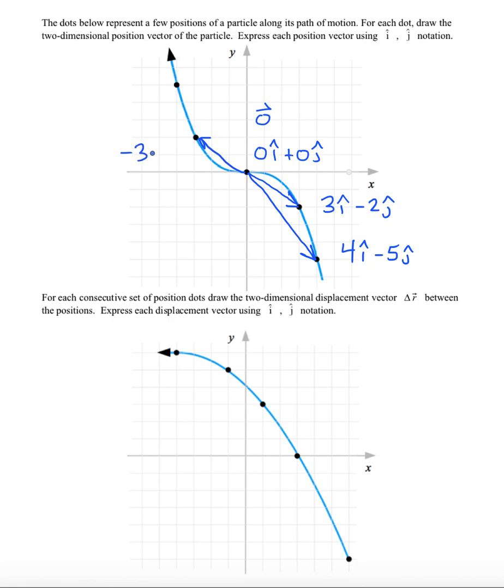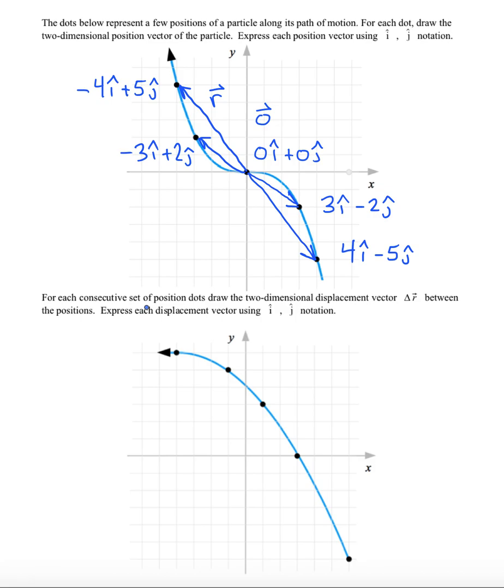That'll give us negative 3i plus 2j. And finally, negative 4i plus 5j. Okay, those are position vectors. They would have the letter r.